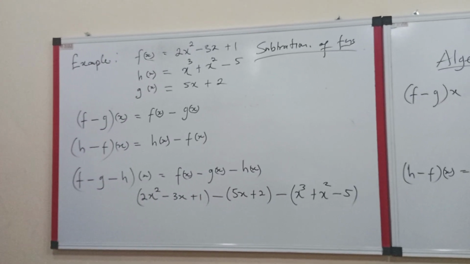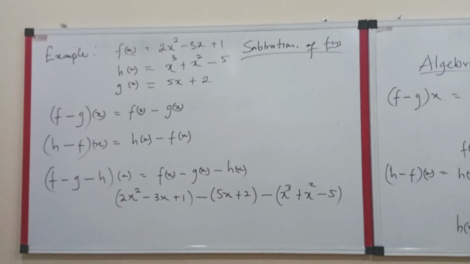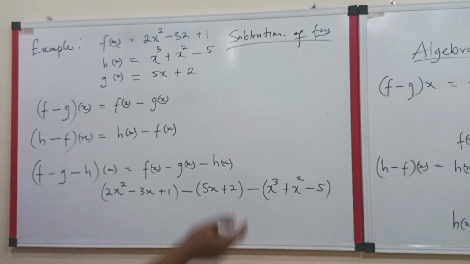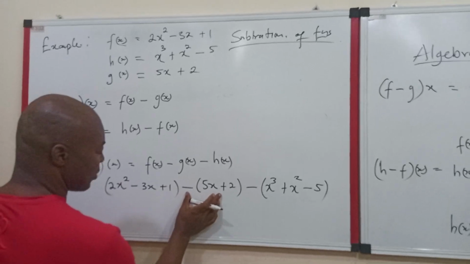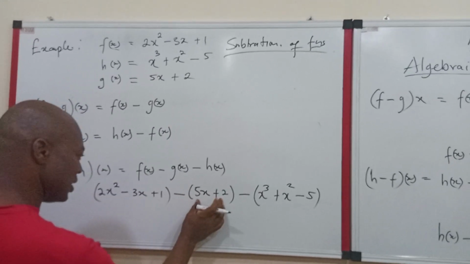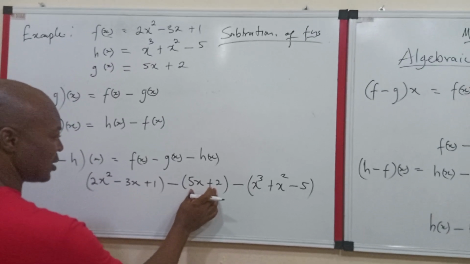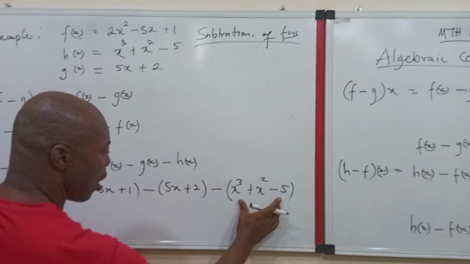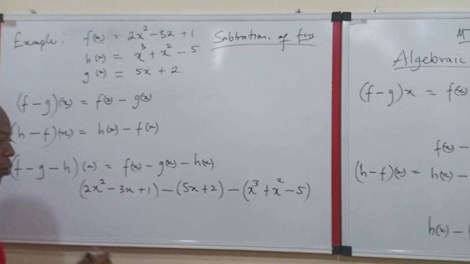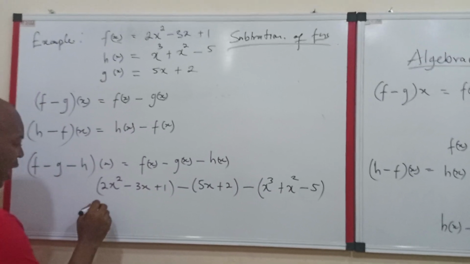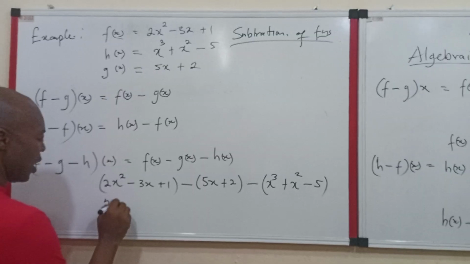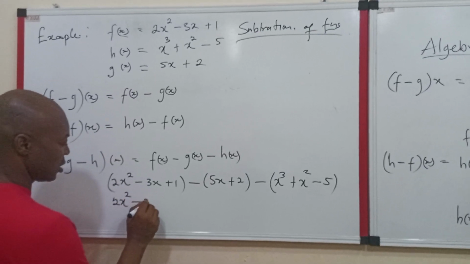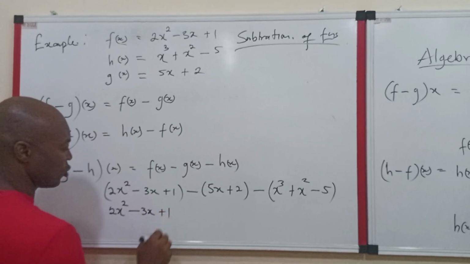If you look at it, you see that it is pretty simple. Now, as we did in the other cases, we can open this bracket because this sign here is affecting all the terms here. Now, this sign here is also affecting all these terms here. So, if we want to open them up, then we have 2x raised to the power 2 for this, minus 3x plus 1.